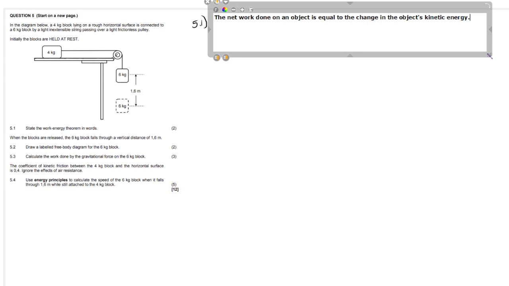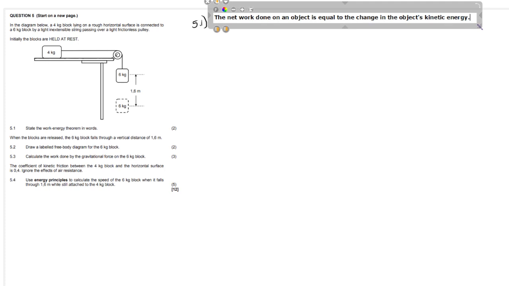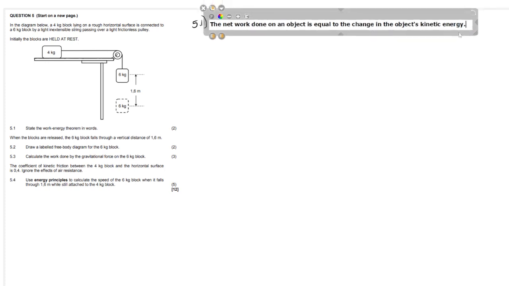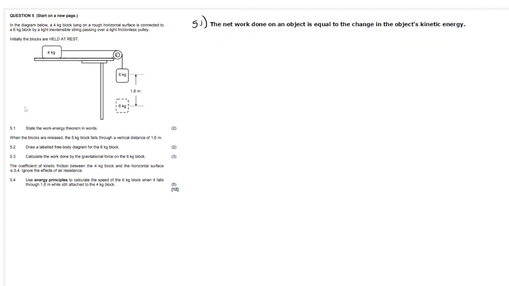A very short and quick one, but an easy 2 marks. So please make sure you're going through and using the exam guidelines there.